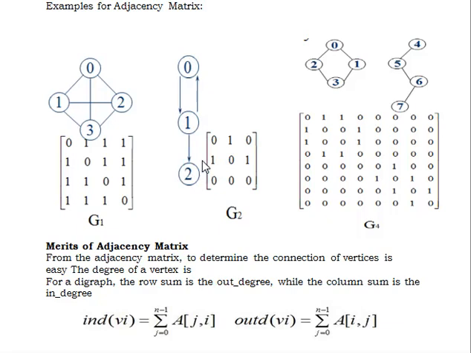So 1, 0 is represented as 1, and 1, 1 is not there. So there is no inner loop for the first vertex. So we represent just 0, and 1 to 2, the visibility is there. So 1 to 2 is represented as 1.